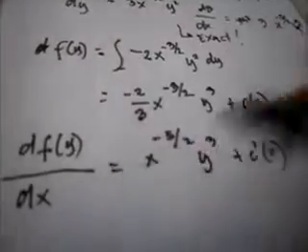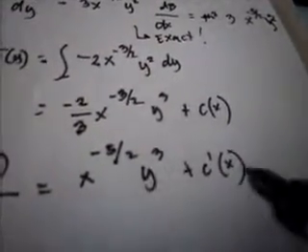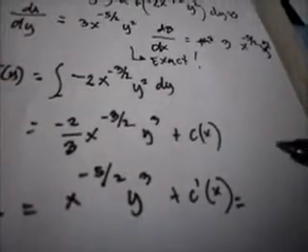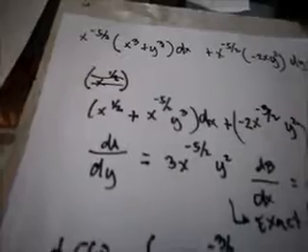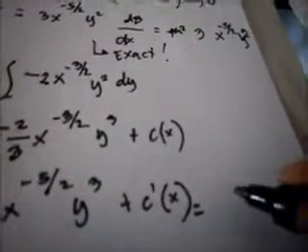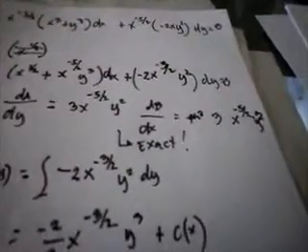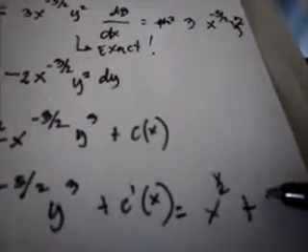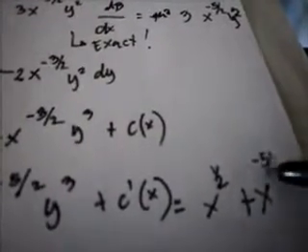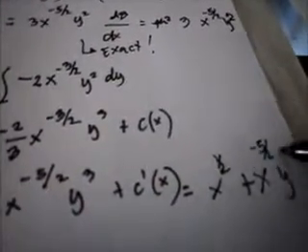We equate this to our value of A in the first equation, which is x to the 1/2 plus x to the negative 5 halves y cubed.